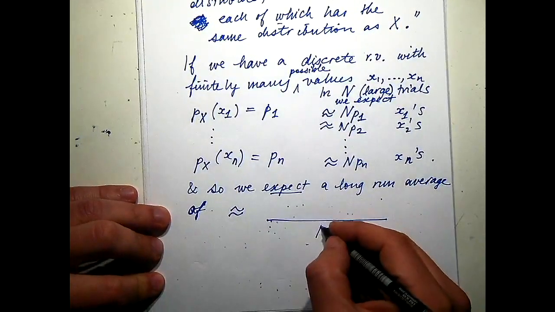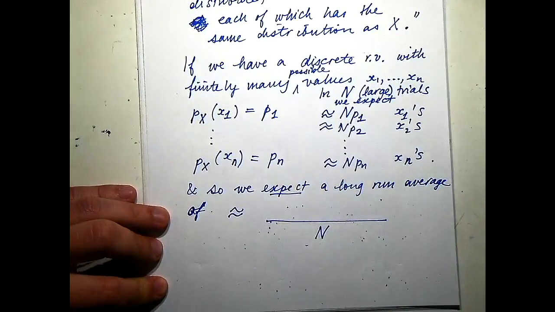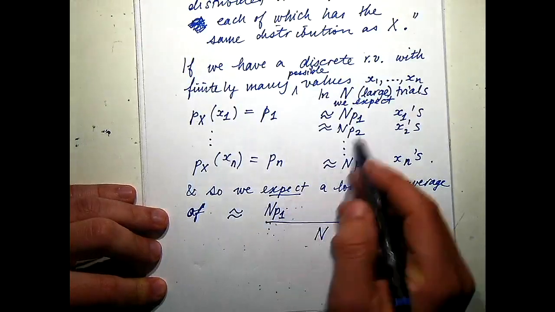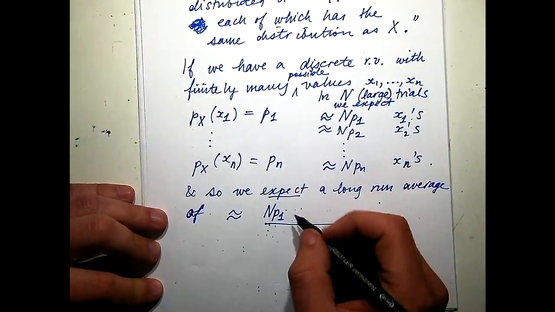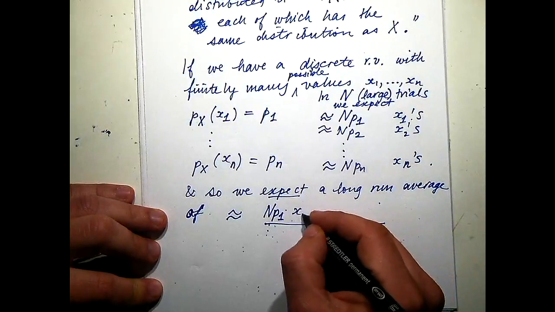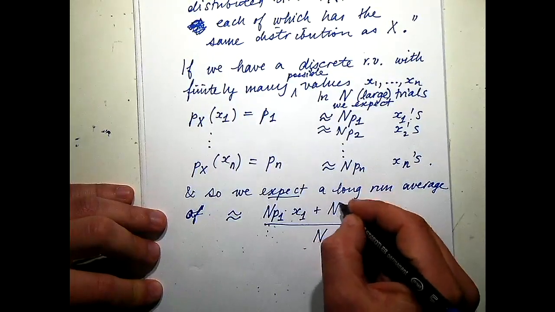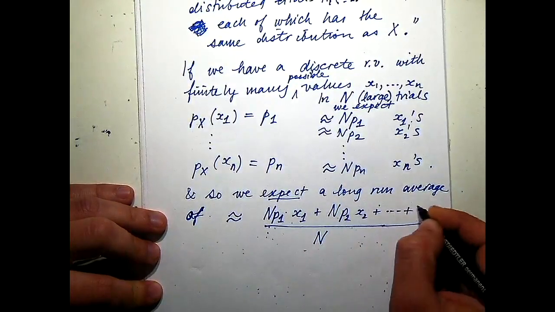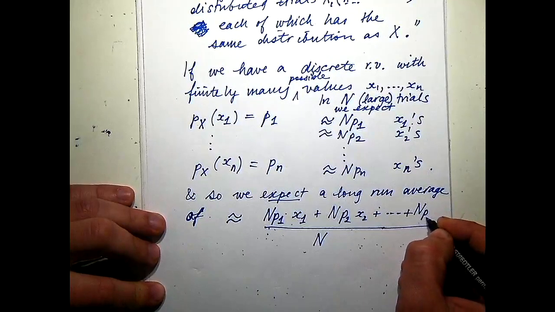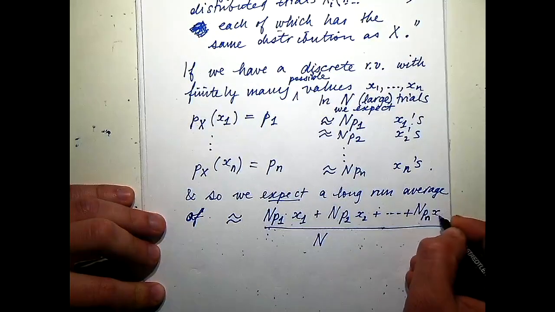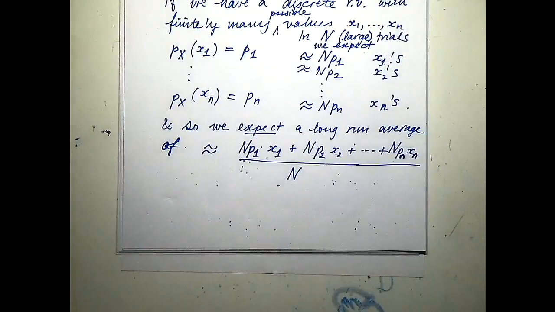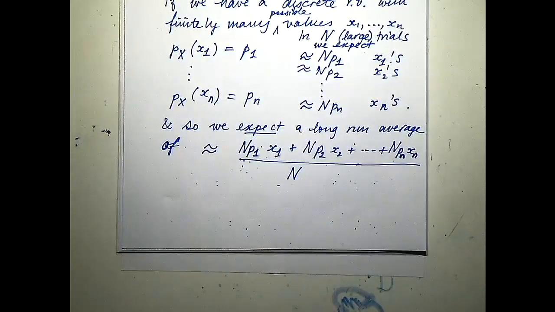There were capital N measurements, which is going to be huge. And we have Np1, the number of x1s I expect, and I have to multiply that by x1. So Np1 x1 plus Np2 x2 plus dot dot dot plus Npn xn. Now I've got a lowercase n, I hope you can manage that. Lowercase n is just a fixed number, the number of possible outputs of this random variable. Capital N is a very large number tending to infinity, the number of trials.